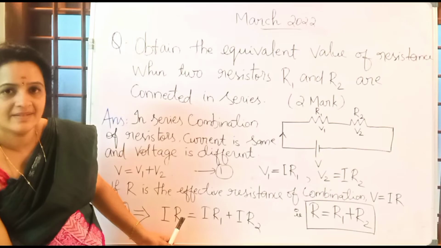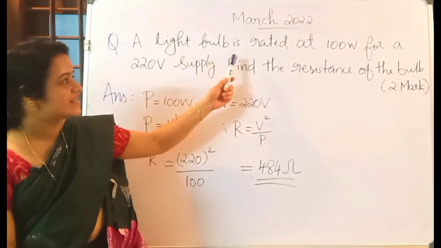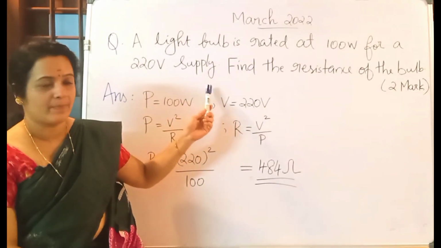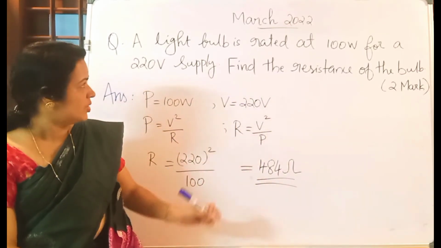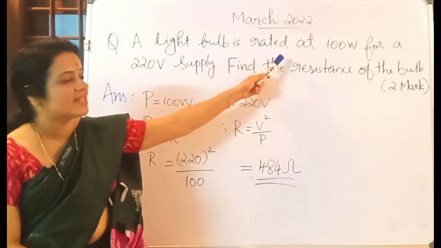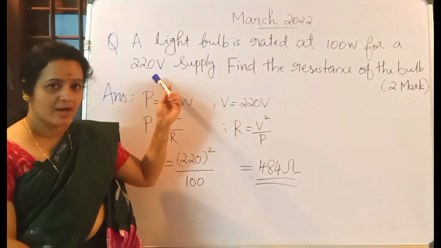Is it clear? The next question is, a light bulb is rated at 100 watt for a 220 volt supply. Find the resistance of the bulb. So here what are the quantities given? The power is given as 100 watt. Right. Then voltage is how much?